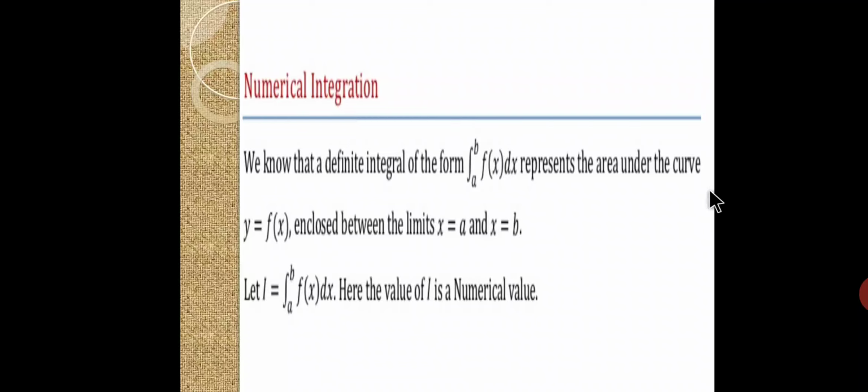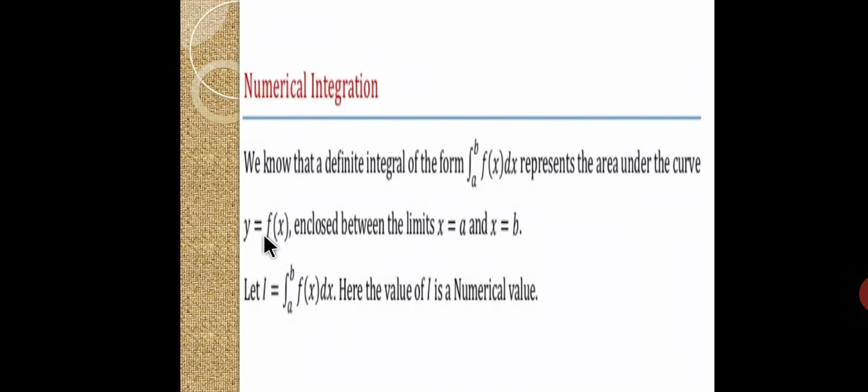There are three rules to find this area. First one, trapezoidal rule. Second one, Simpson's 1/3 rule. Third one, Simpson's 3/8 rule. We are finding the area of the given curve using all these three rules.